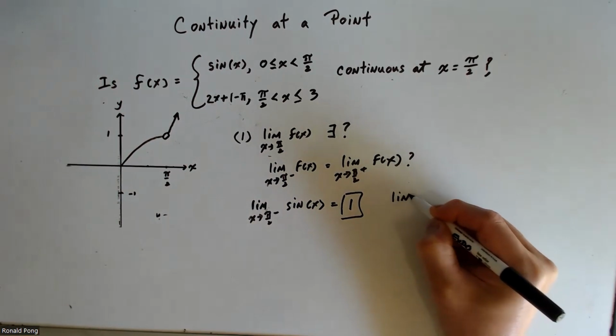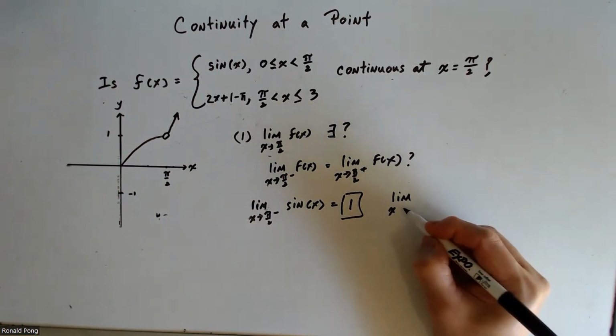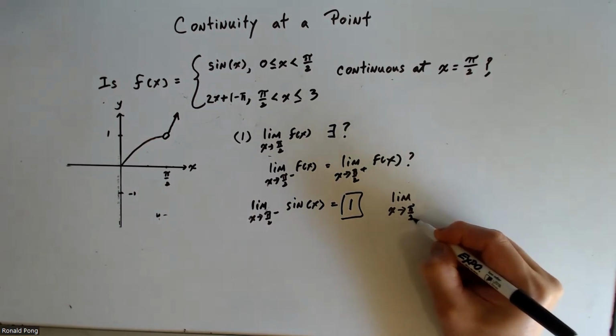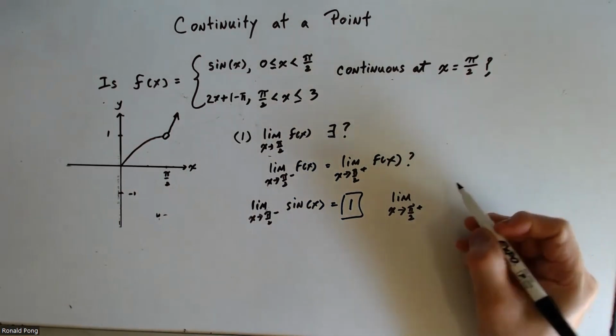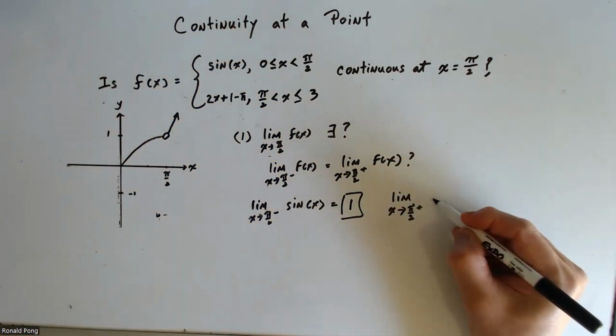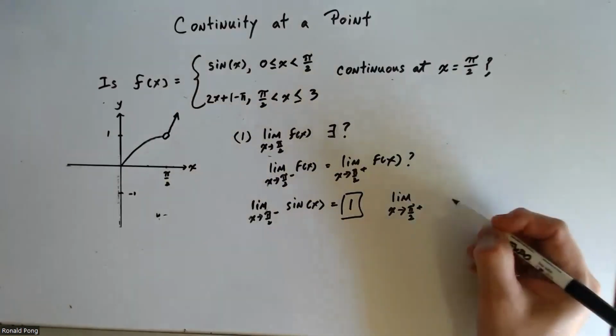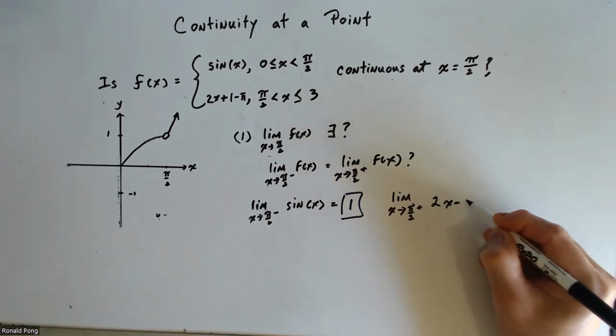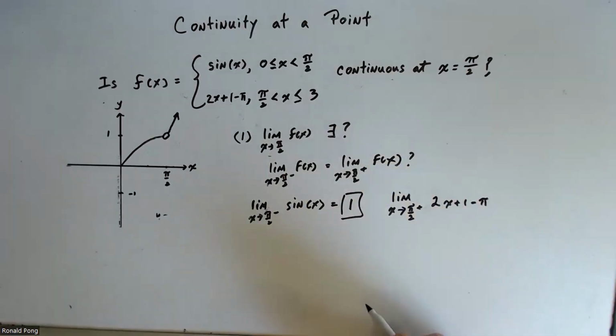We're going to look at the other half of the piecewise function. What happens as x approaches pi over 2 from the right of f of x? This time we're going to use this linear function, 2x plus 1 minus pi.